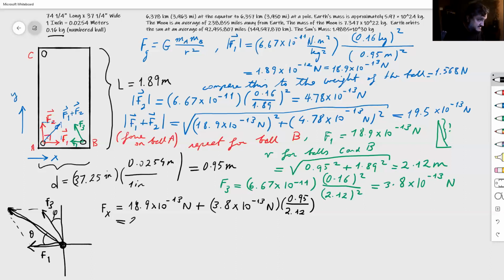So this is 20.6 times 10 to the negative 13 newtons.